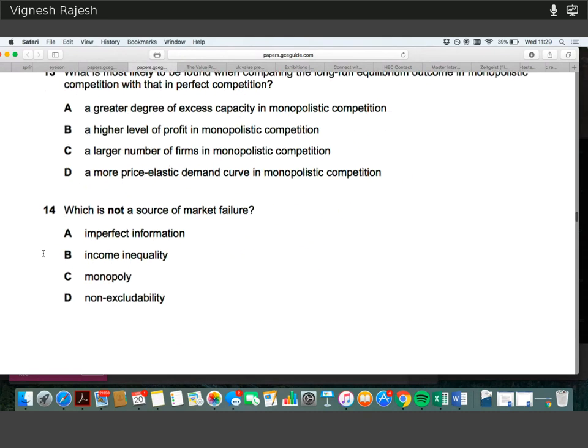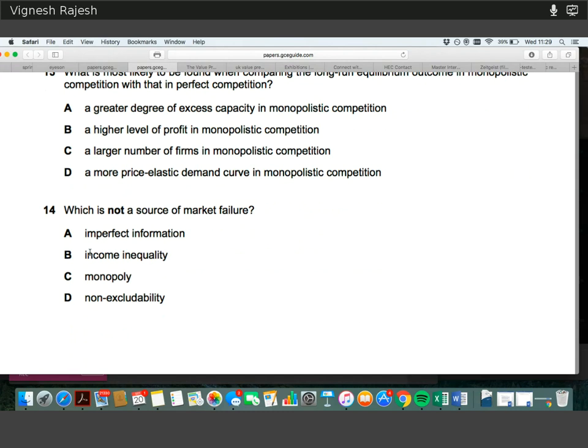Okay. 14. This can look like quite a difficult one, but I think the key word to look at is source. Imperfect information is a source of market failure because that leads to information asymmetries where one party knows more about a good than another, and that can lead to an inefficient market outcome and a market failure. The reason why the answer is income inequality is because income inequality per se is not a source of market failure.